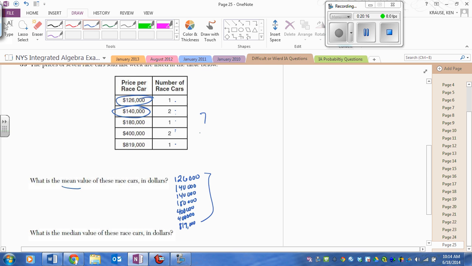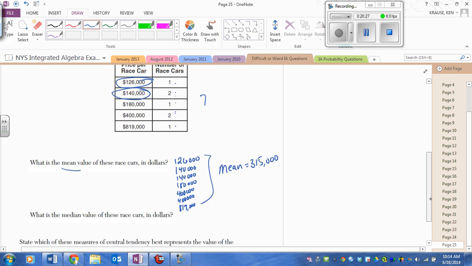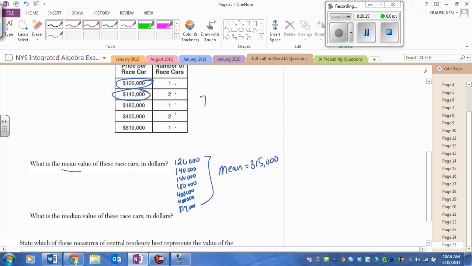So divided by 7, I get the mean equal to 315,000. For the median, since there are 7 cars, it's the middle number, which is 180,000. See, 3 above, 3 below. So the median value is equal to 180,000.